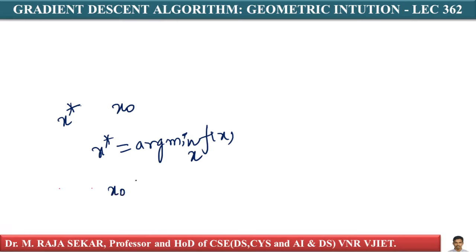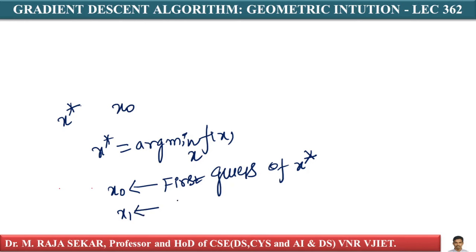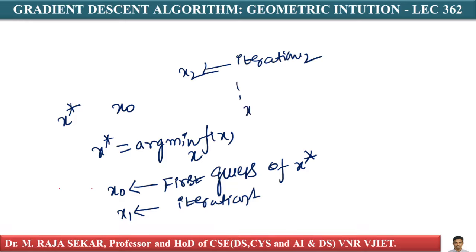My x naught is the first guess of x star. x1 is iteration number 1, from x1 I can find x2, which is iteration number 2, and so on up to xk, iteration k.